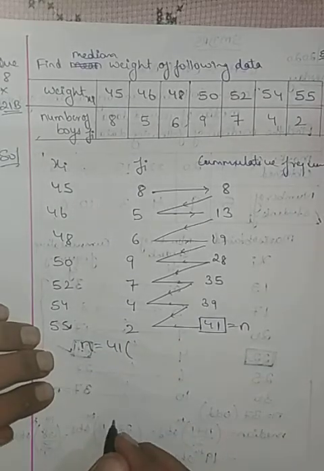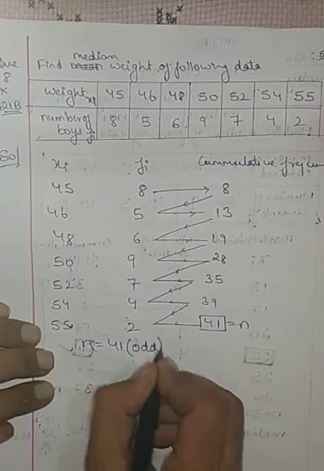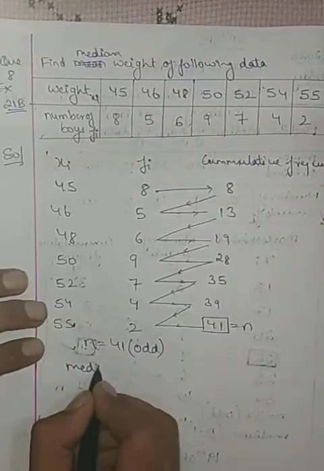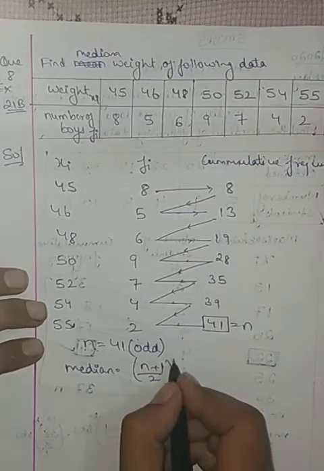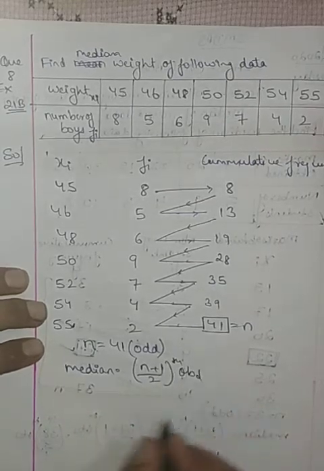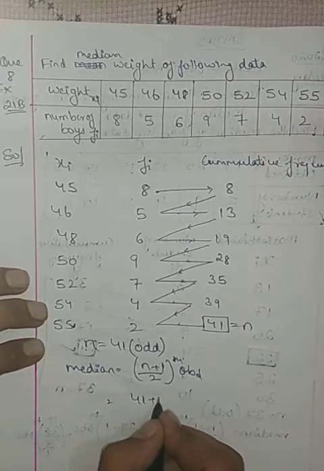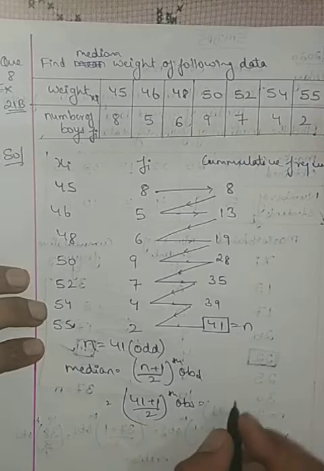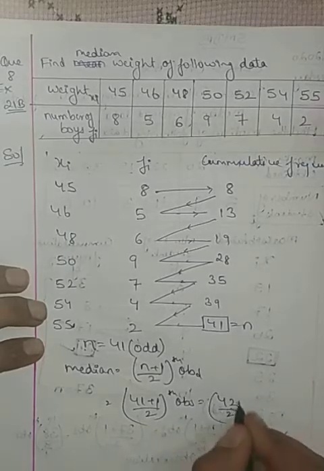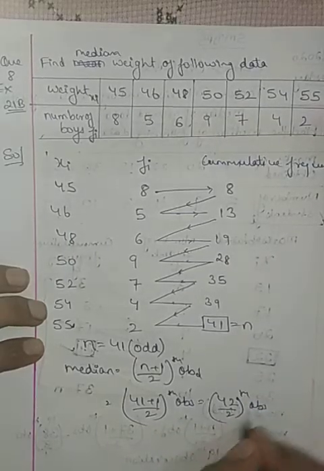Is it even or odd? It is odd. Now the formula for median. Median is equal to n plus 1 upon 2th observation. n is 41, plus 1 upon 2. What you will get? 42 upon 2th observation.